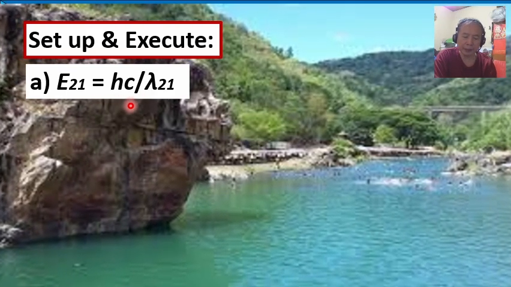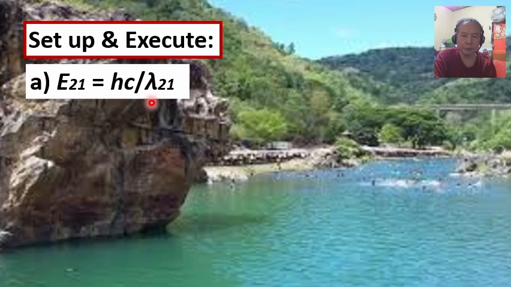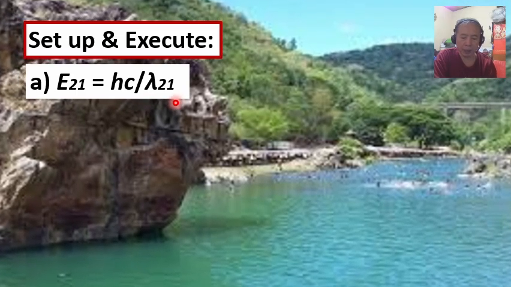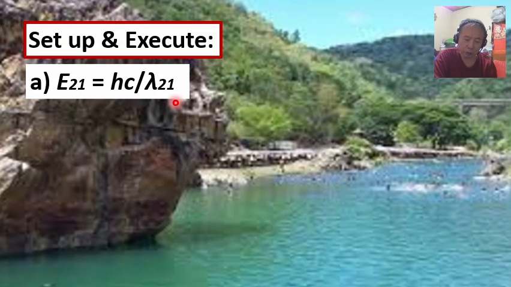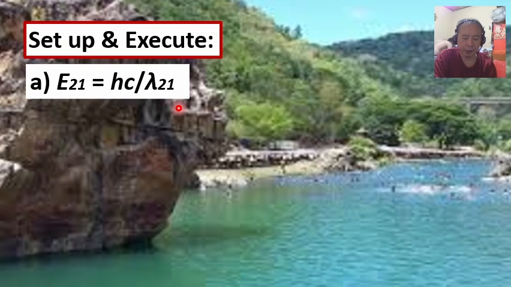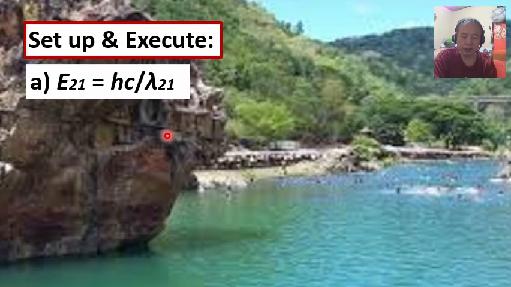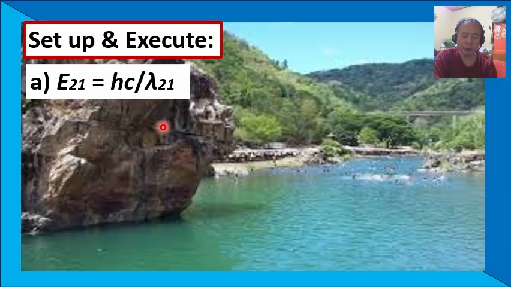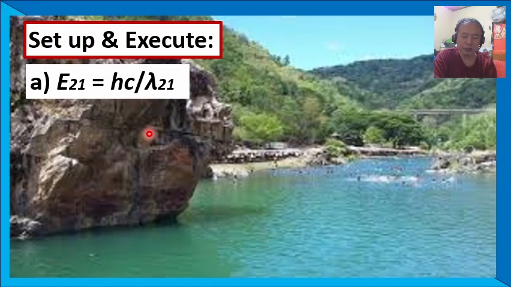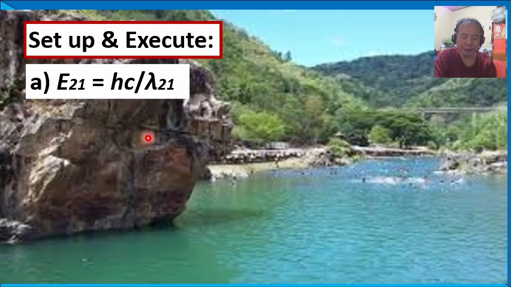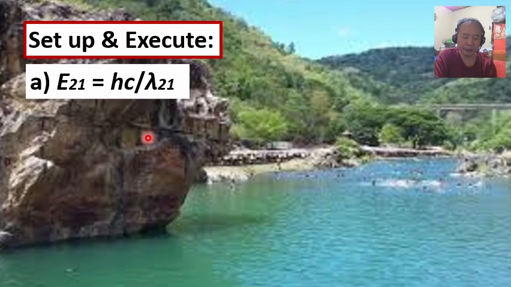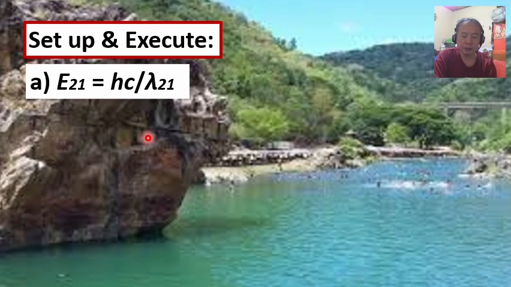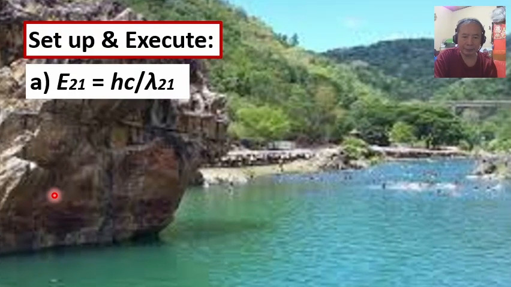Because the photon wavelength given in the problem, lambda sub 21, which is equal to 674 nanometers, corresponds to the photon energy emitted when it transitions from the second excited level to the first excited level.